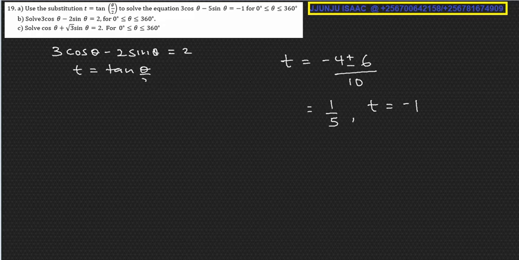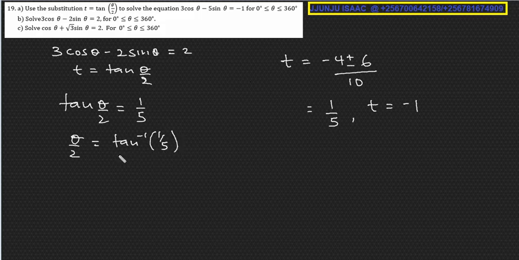So we have these two values of t, and don't forget that our t is tan theta by 2. So tan theta by 2 is equal to 1 over 5. So we shall get theta by 2 equal to tan inverse of 1 over 5.